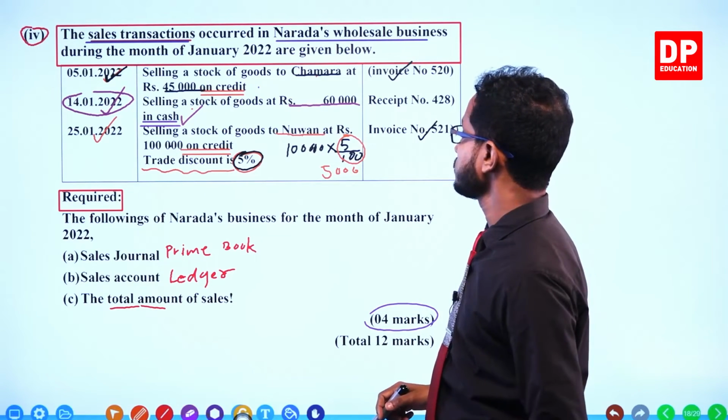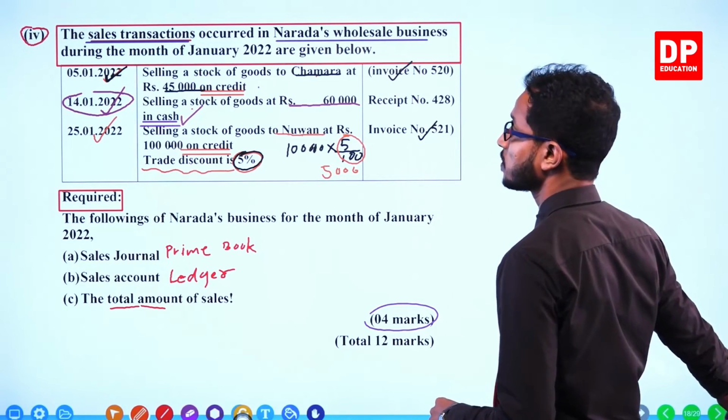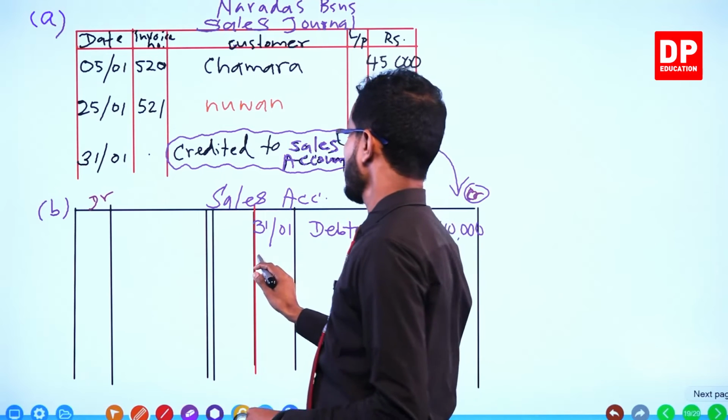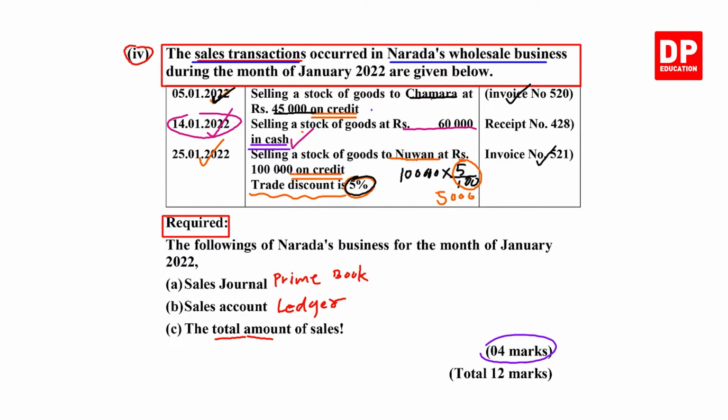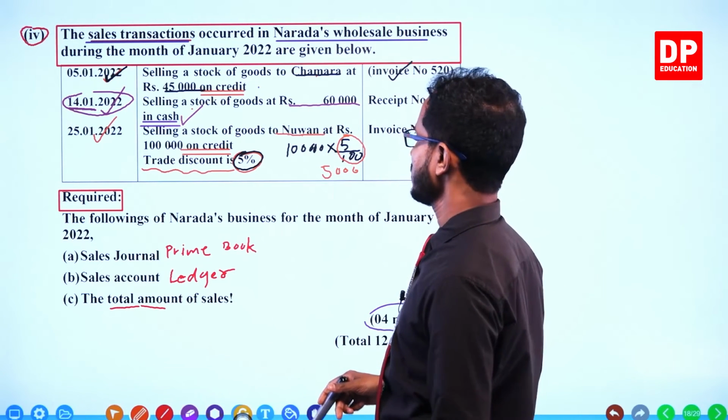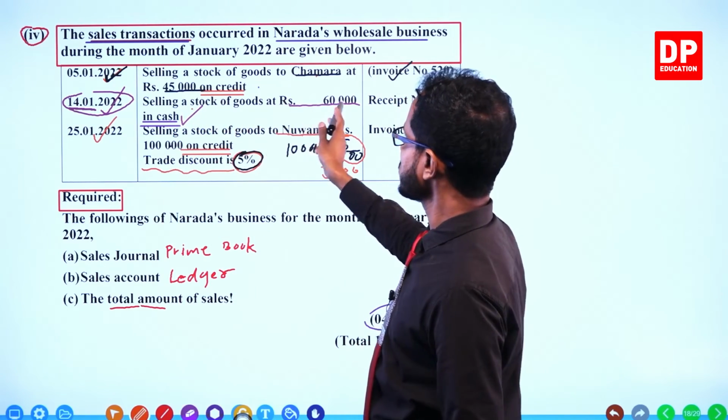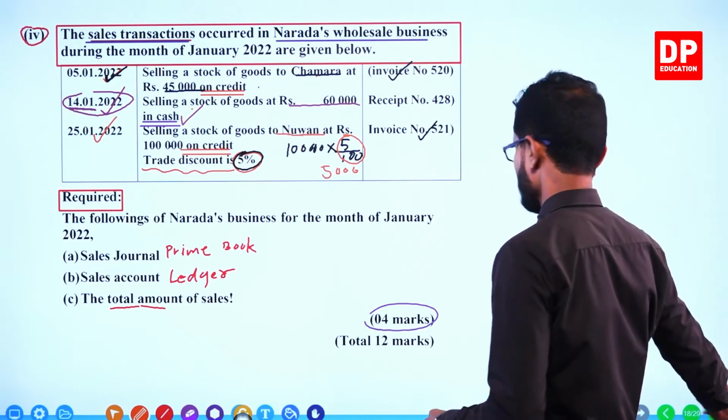60,000. What is the date? 14th. Selling a stock of goods 60,000 in cash. This number is there. Selling a stock of goods 60,000. 14th.